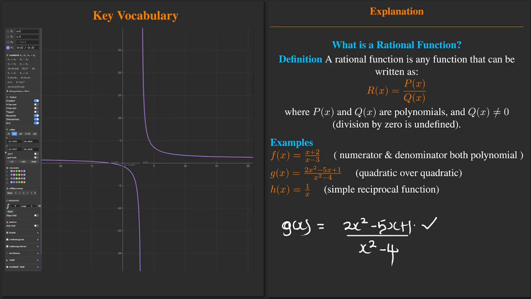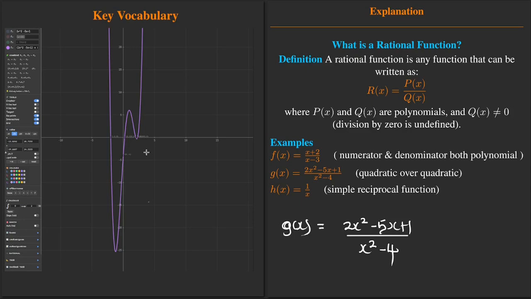This is a polynomial of degree 2, and this is a polynomial of degree 2 as well. The previous one we did, they were both polynomials of degree 1 each. But this, on the other hand, is a polynomial of degree 2, and this is also of degree 2. So on our graph, let's look at how it will look.